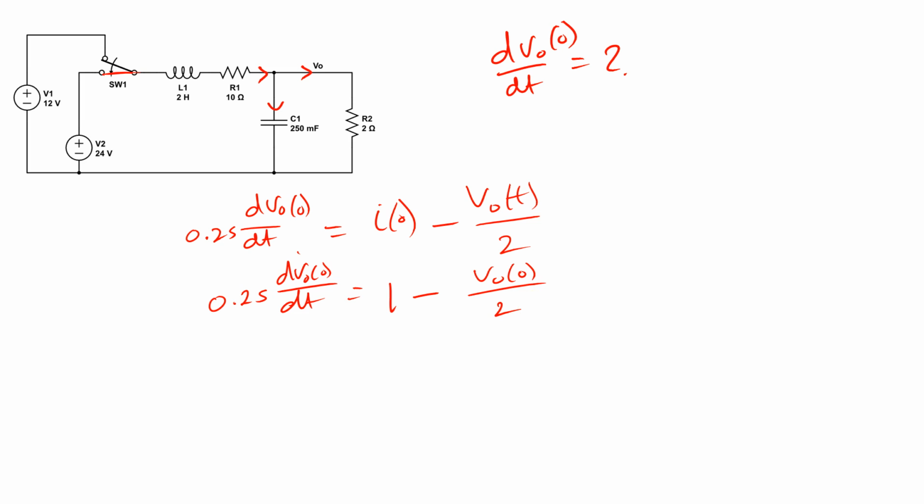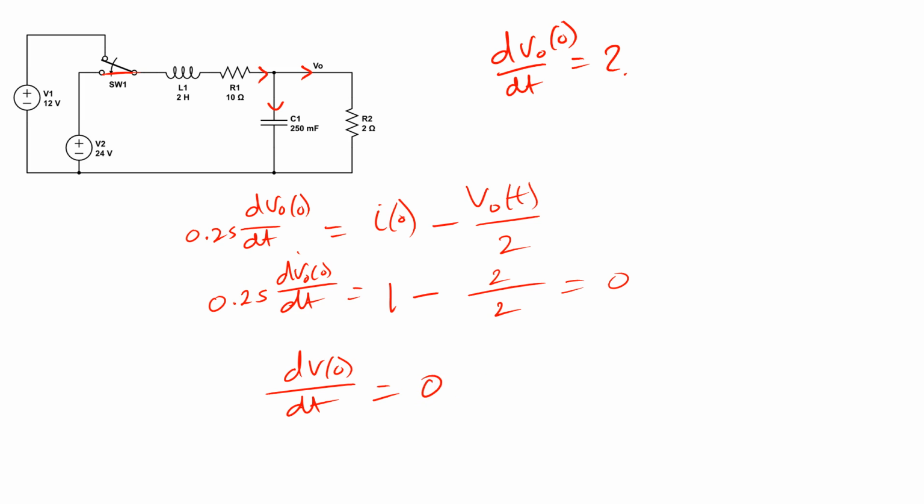So V0 at time 0, if you remember, we worked it out to be 2 volts. So I have 0.25 dV0/dt is equal to 1 minus 1, which is equal to 0. So dV0/dt is equal to 0.